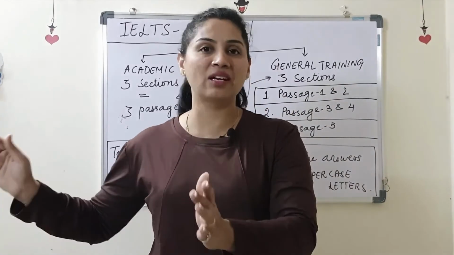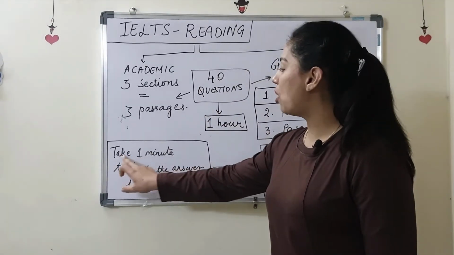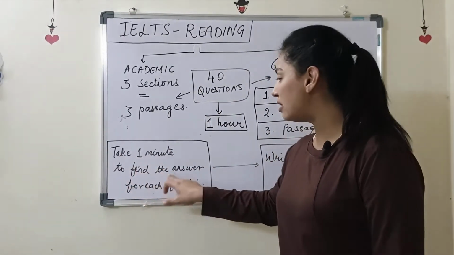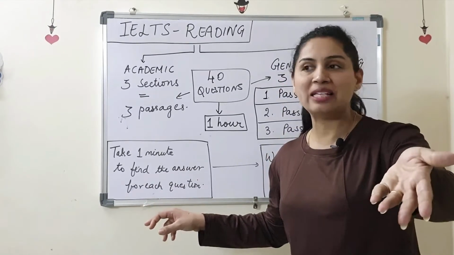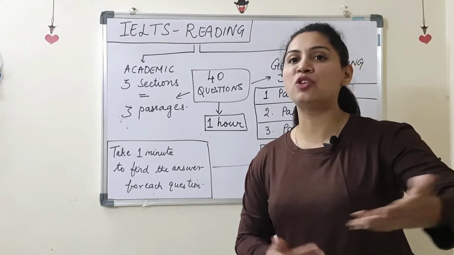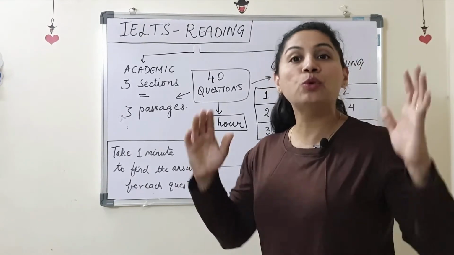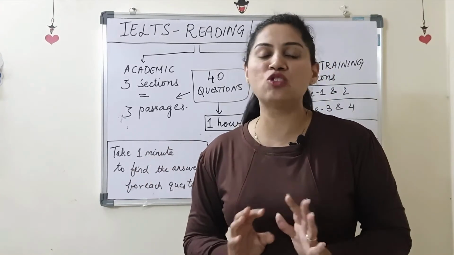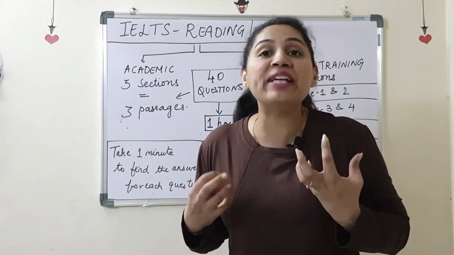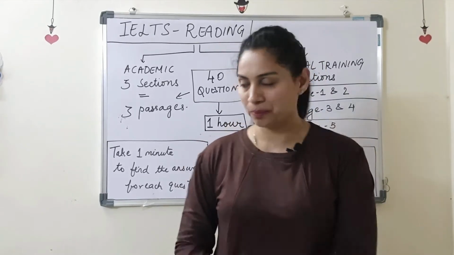So you should take 1 minute for each question, and 40 questions equal 40 minutes, where you still have 20 minutes left to check, change, modify, or at least evaluate by yourself that you have given the correct answers.